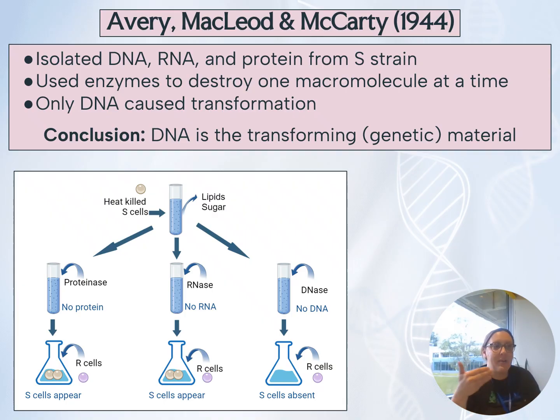And when DNA was isolated and removed, so no DNA, it didn't work. So without DNA, we were not seeing the R cells becoming virulent, because we know that the DNA was the transforming principle, but that's how they discovered that.